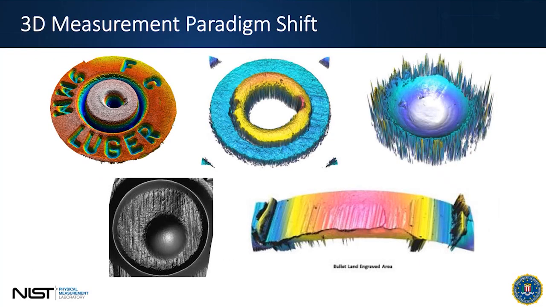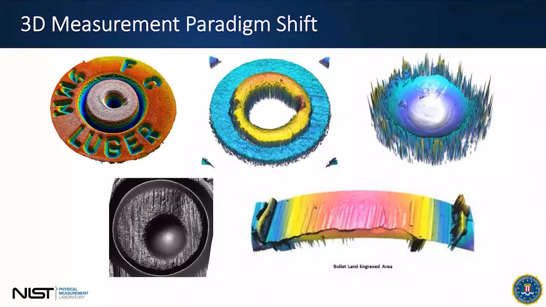So in the last decade plus now, we've started to see this shift. It's a paradigm shift within firearms and toolmarks when it comes to what kind of data you're working with. And the movement to 3D data, as you can see here, some examples of them, is important because 3D data is repeatable, compared to a typical comparison microscope where you're really dependent on shadowing.